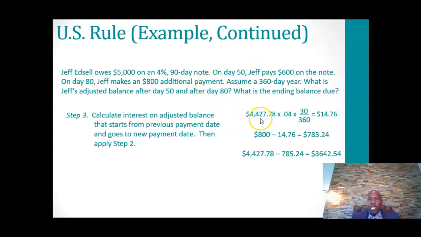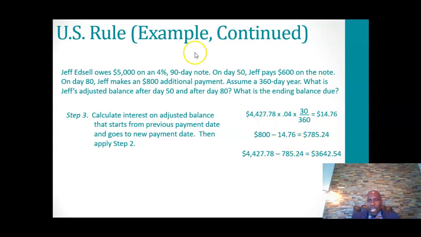So you take the new principal balance times 4% times 30 over 360. That'll give you accrued interest of $14.76.